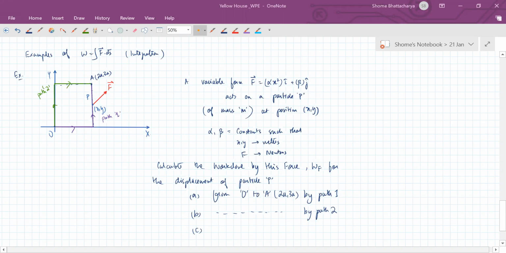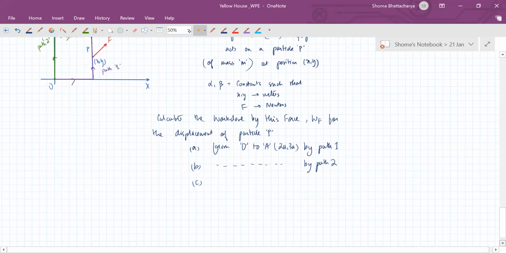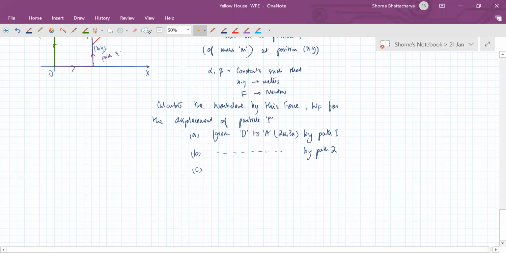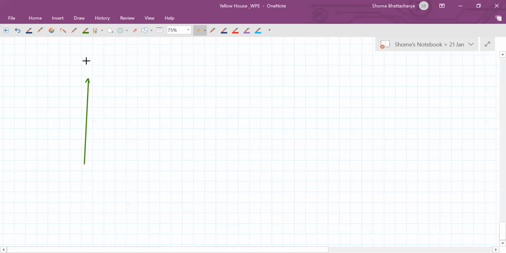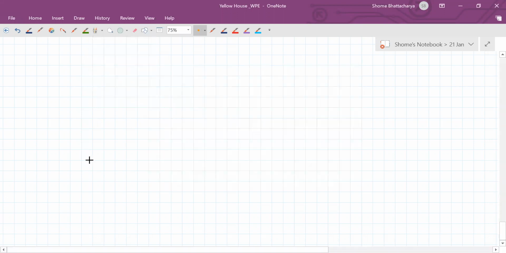Okay, so let's understand how to do the first part. What is happening here is that initially I'm going along the x-axis from the origin. My destination is this point here, which is 2a comma 3a.